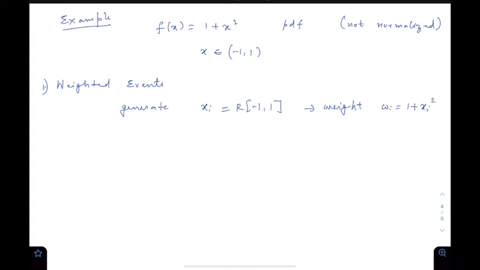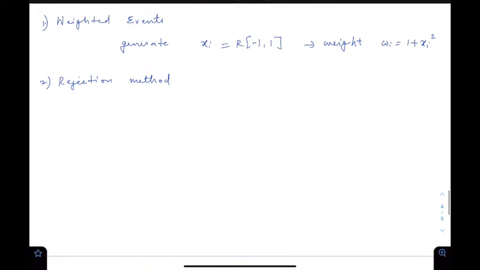In the rejection method, we have f_max equals 2, a equals -1, b equals +1. So we can generate x_i as a random number between -1 and +1, which is equivalent to generating a random number between 0 and 1, multiplying it by 2 and subtracting 1 from it.